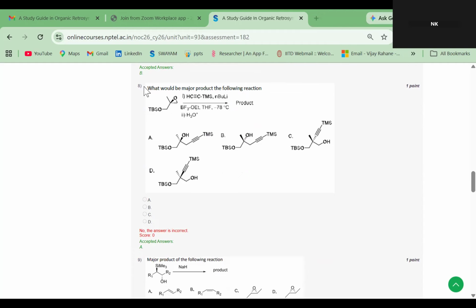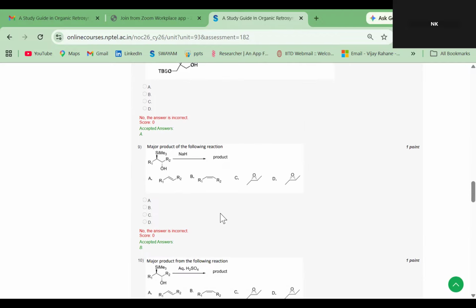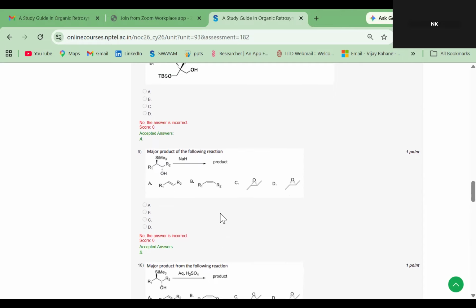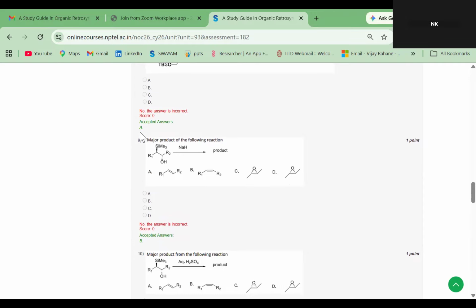The mobile screen is very small at present, so I can't see the numbers. Problems 8, 9, 10. Okay, I have taken screenshots of all these questions and am keeping them on the PowerPoint so we can discuss.